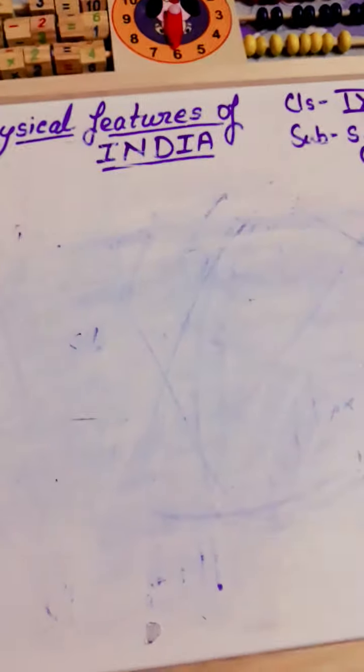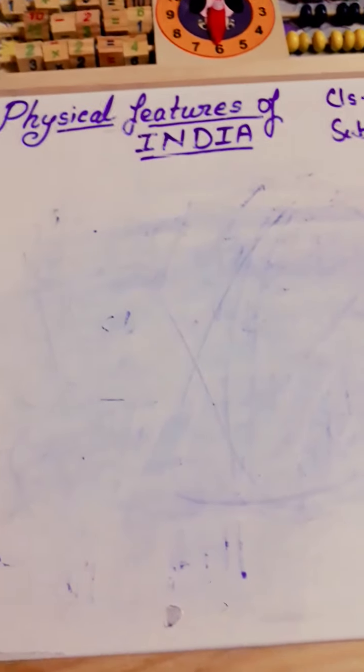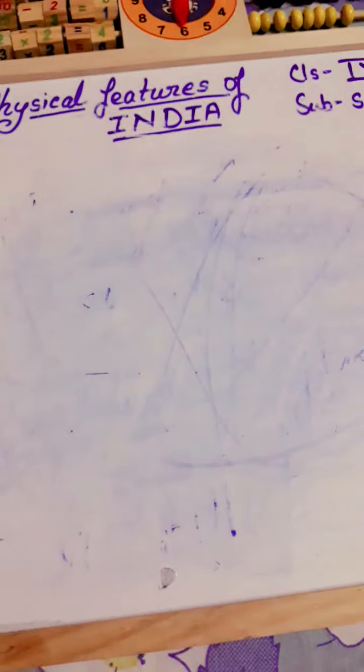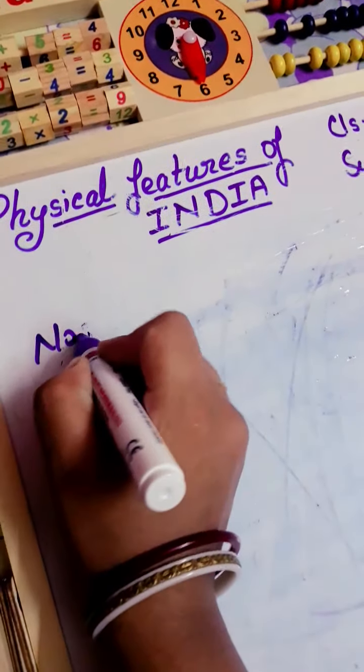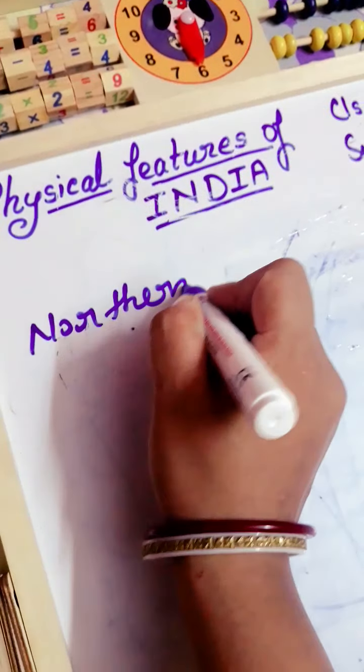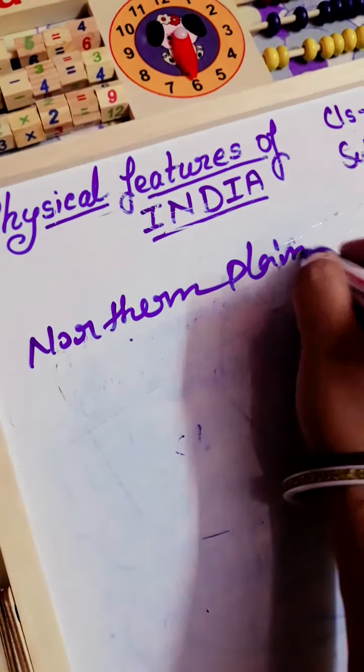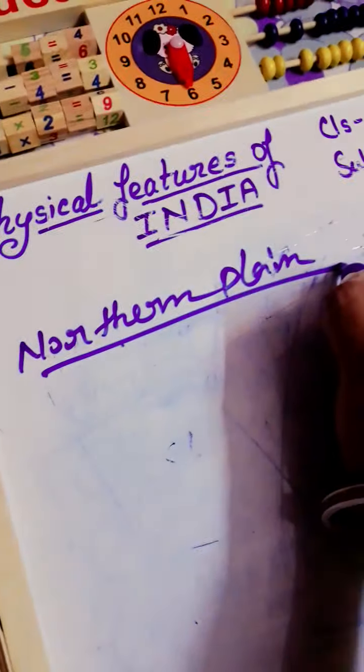Next we will discuss our second point, which is demarcated as the northern plains. In the first portion we discussed the Himalayan mountain. Now we will discuss the northern plains. Why is this portion known as the northern plain?